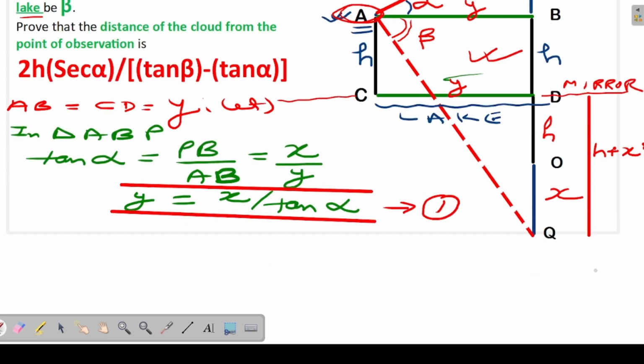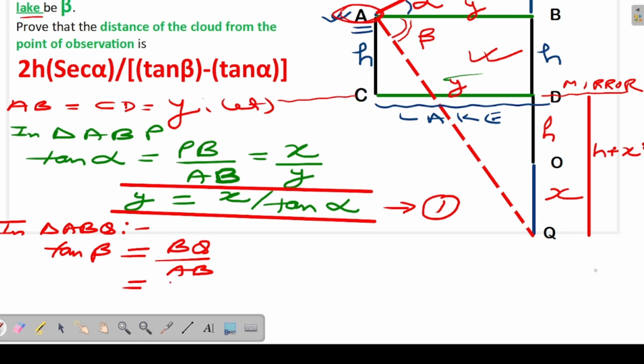So triangle ABQ, right angle at B, tan of beta, because that is the angle of depression which is given. Tan of beta is equal to BQ by AB.